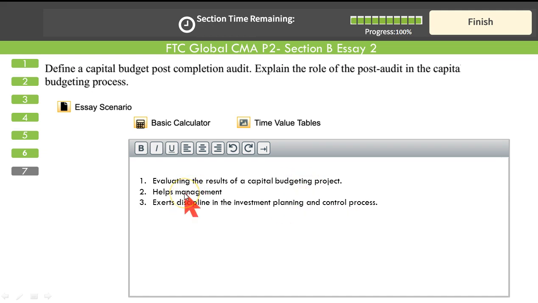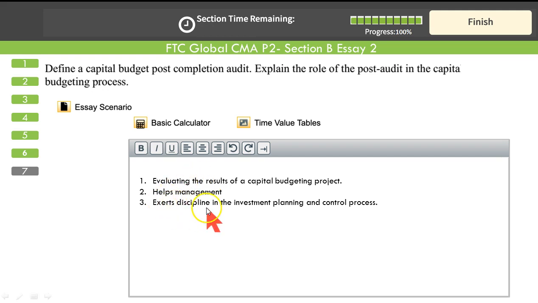It helps management to exert discipline in the investment planning and control process, because if a company has a policy to conduct this post-completion audit, every project manager will think 100 times before trying to paint a rosy picture. He will not overestimate the goodness or the viability of the project.